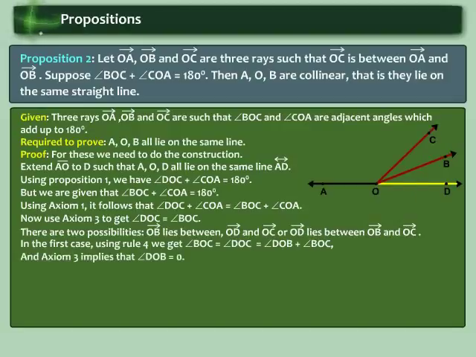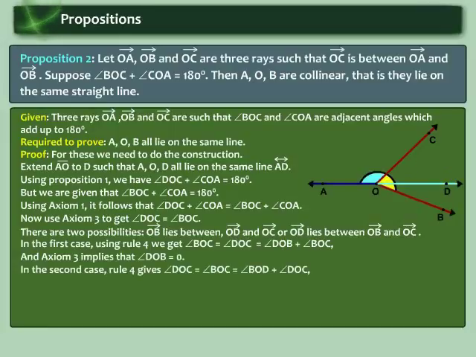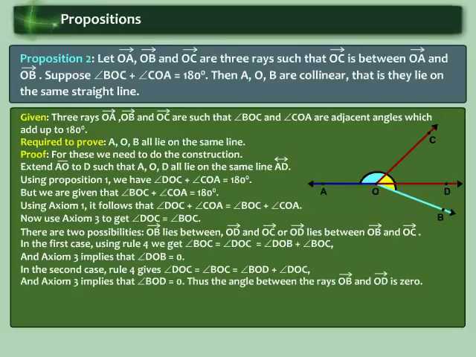And axiom 3 implies that angle DOB is equal to 0. In the second case, rule 4 gives angle DOC is equal to angle BOC is equal to angle BOD plus angle DOC. And axiom 3 implies that angle BOD is equal to 0.